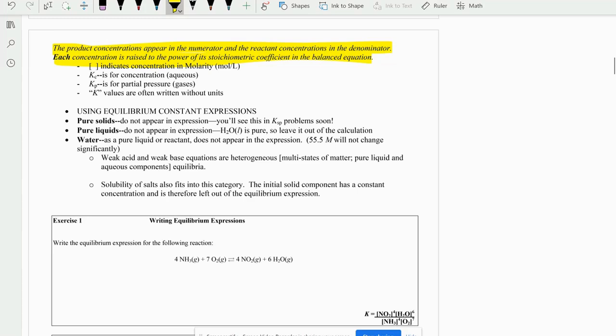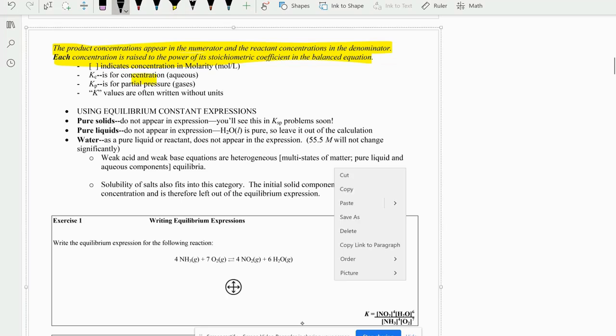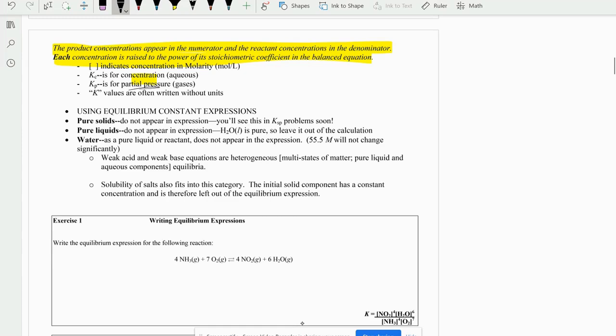You can see here when they actually use the specific equilibrium constant expression, it'll use K sub C for concentration, K sub P for pressure, and then just normal K, just generally speaking. K is oftentimes going to be written without units. So just so you know, there is a K for everything, pretty much.